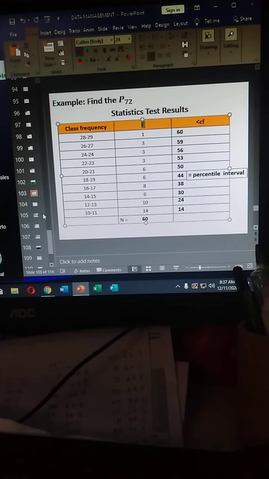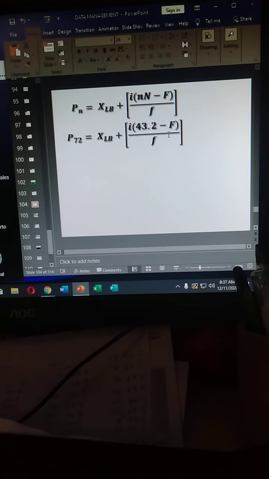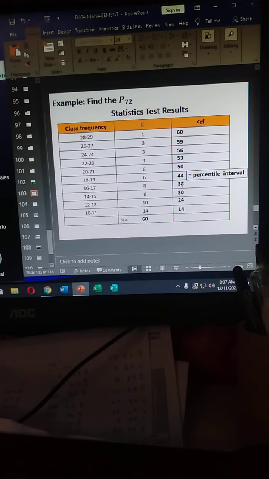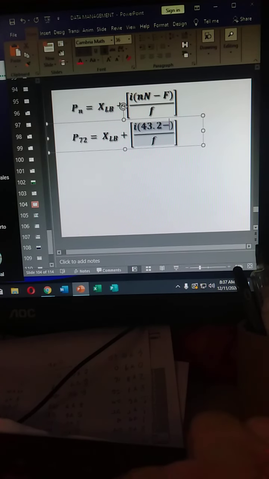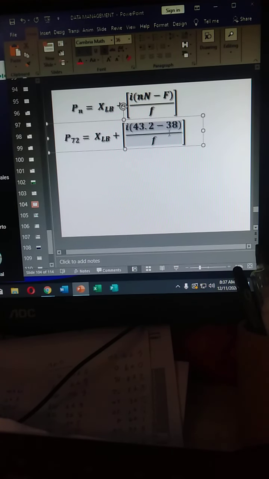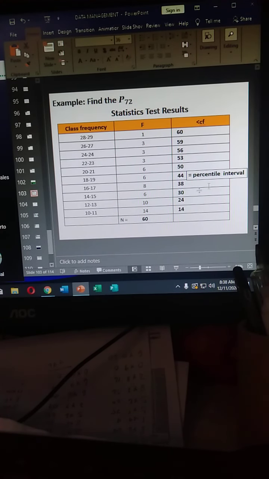So, ano ngayon yung f na malaki sa tabi niya? Ang f na malaki niya is the cumulative frequency below the percentile interval. So, what is the number below the percentile interval? That's 38. So, f is 38. And then, what is the small letter f natin? The frequency of the interval. Frequency of the percentile interval, that's 6.